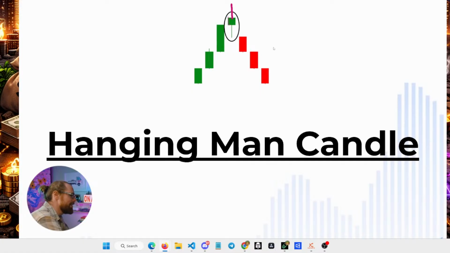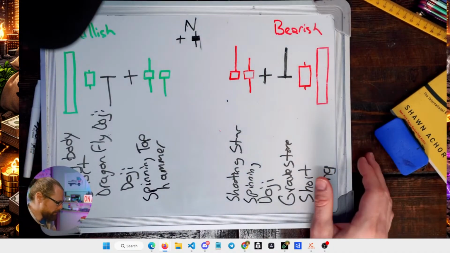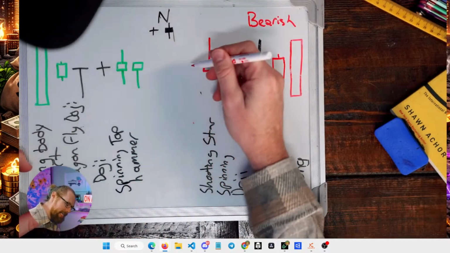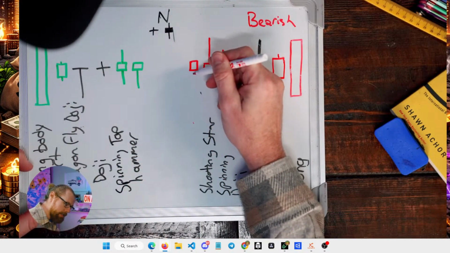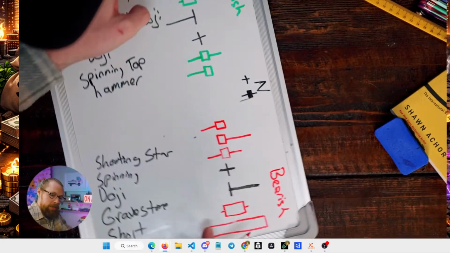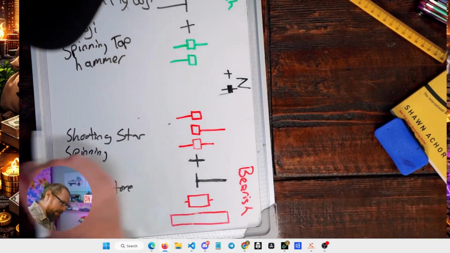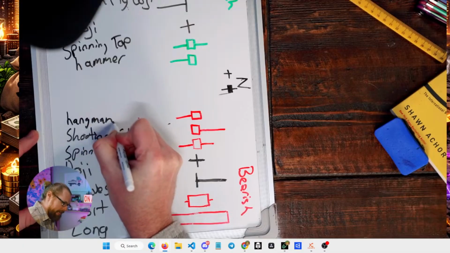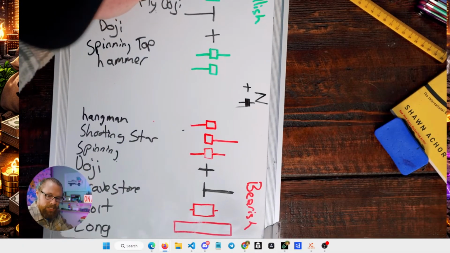I'm not the one who named these candles, though. These have had names for a long time, so you could nitpick on that. But nonetheless, we're going to put a hanging man candle over here on the bearish side. So we would typically call it a hammer, but in the context of an uptrend, it's a hanging man. All right, so now we've got another to add to our list.